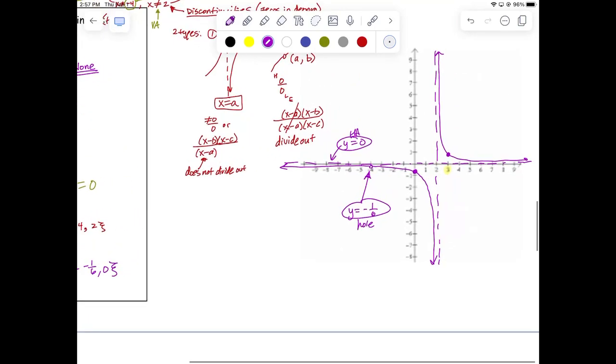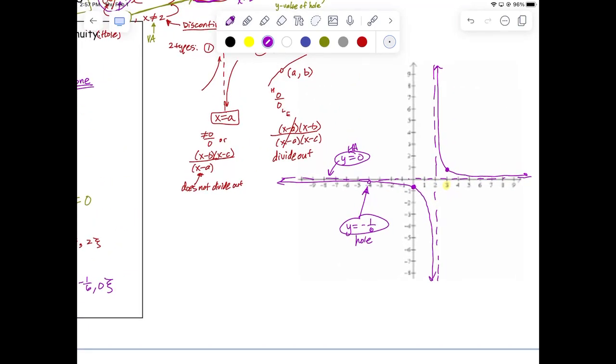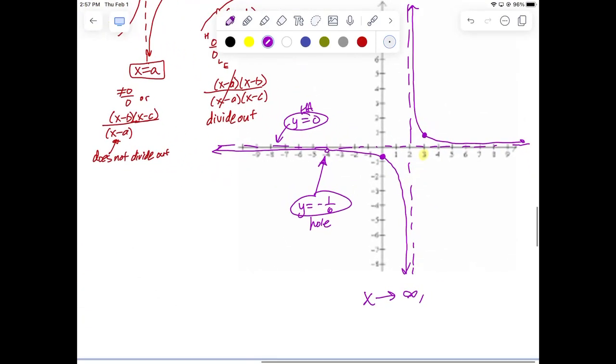For the sake of reviewing here quickly, let's just answer this quick question. As x goes to infinity, what does f of x approach? Hop on the graph, start heading out to the right forever and ever and ever.